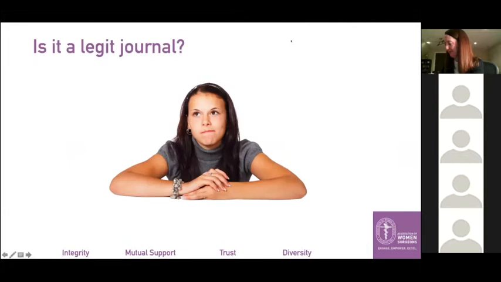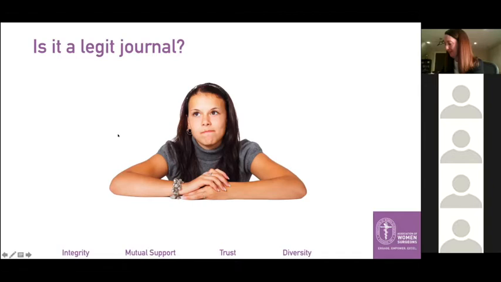Of the things to think about, from my perspective, one of the first is: is it a legitimate journal? There are a lot of predatory journals, and there is an easy way through Google Scholar and through a PubMed search to find out if a journal is legitimate.